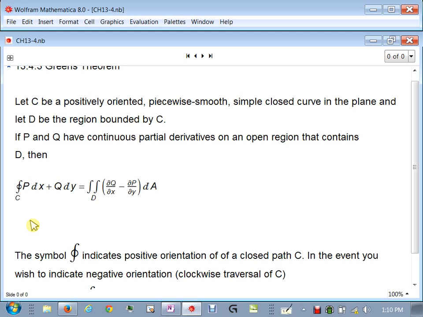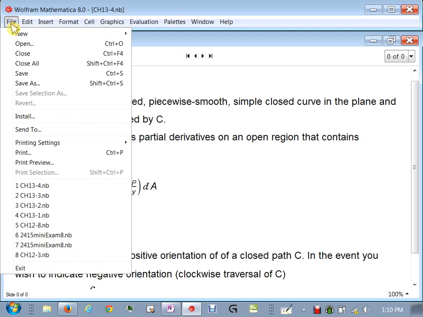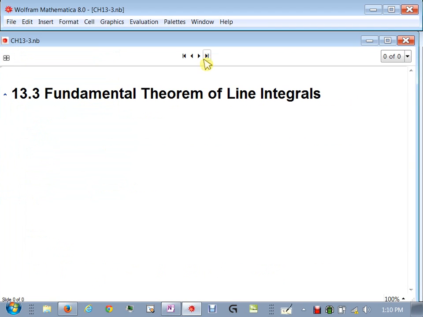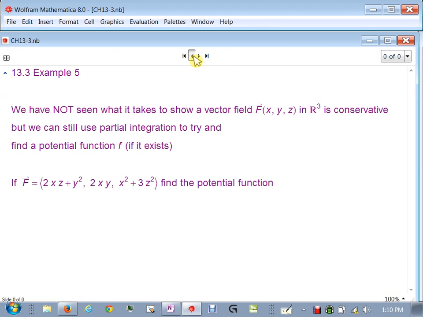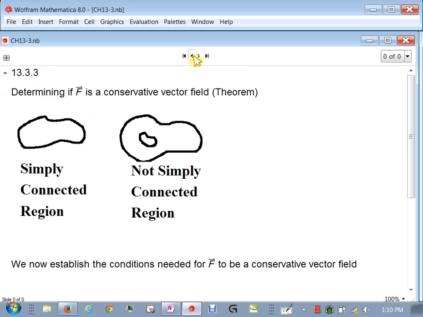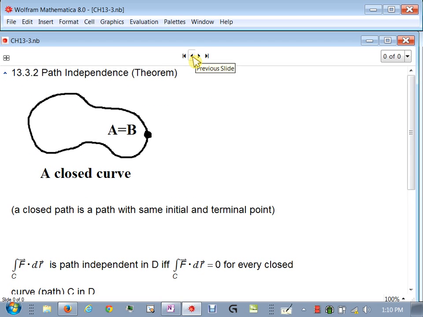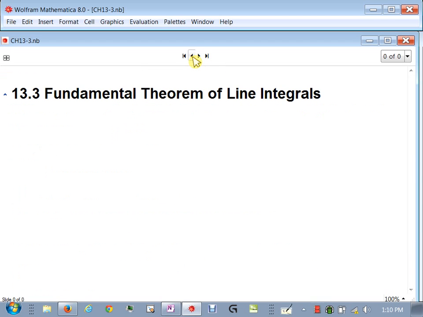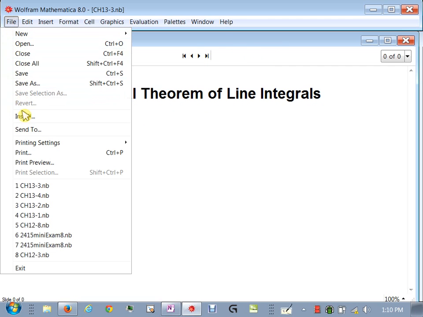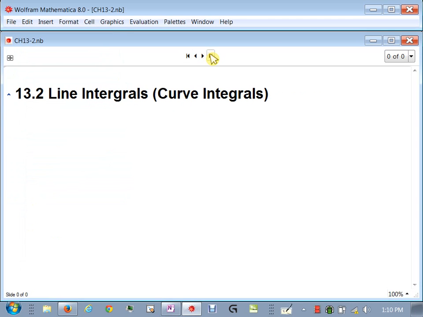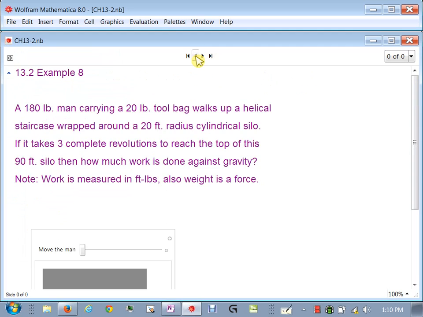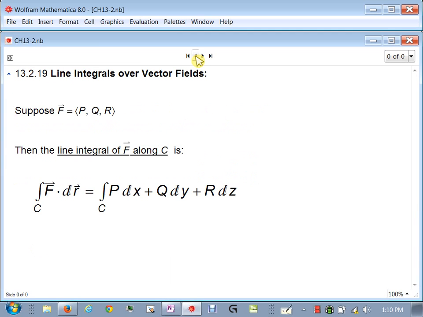Now, I wanted to bring up last class because I wanted you to see something before I do the rest of that. No, it was 13.2. This right here. Remember that line integrals can be broken up into these component integrals?